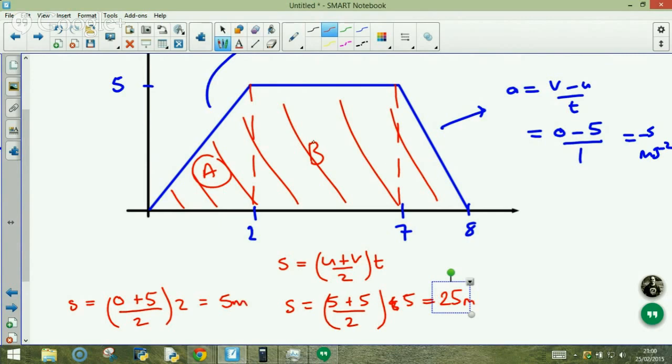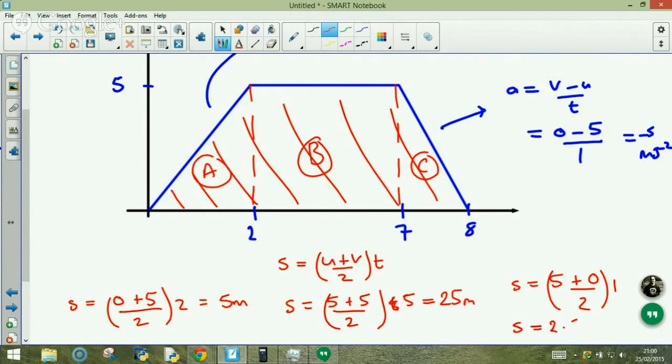And then finally, if you look at the third section, C, we've got initial 5, final 0, all over 2, and then times that by the time, which was 1. So we end up with a distance of 2.5 meters covered. So the total distance covered was 32.5, because the area is the distance covered.